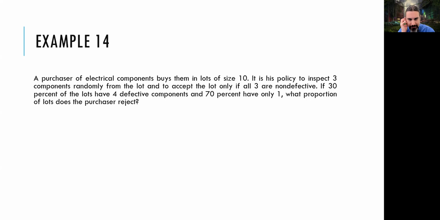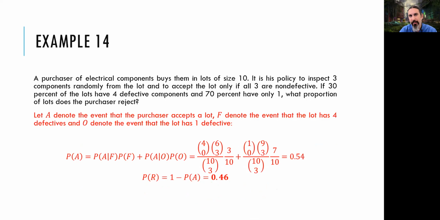So to accept it, we need to make sure that there is either 0 defective item or just 1 defective item. And we have 2 different types of boxes. One of the boxes have 4 defective items and the other one has just 1 defective item. Okay, so to find the probability that there is no defective item, we have to just calculate the probabilities using the hypergeometric random variable.